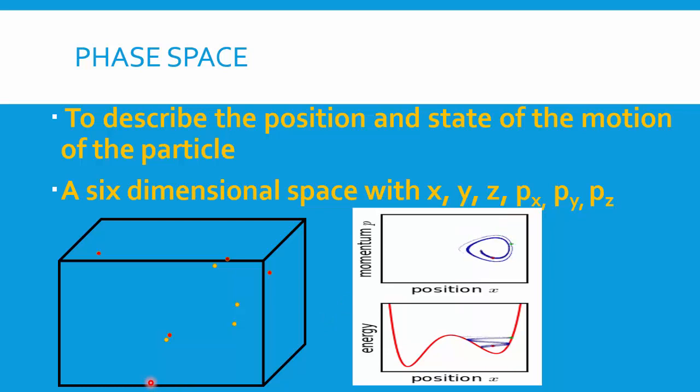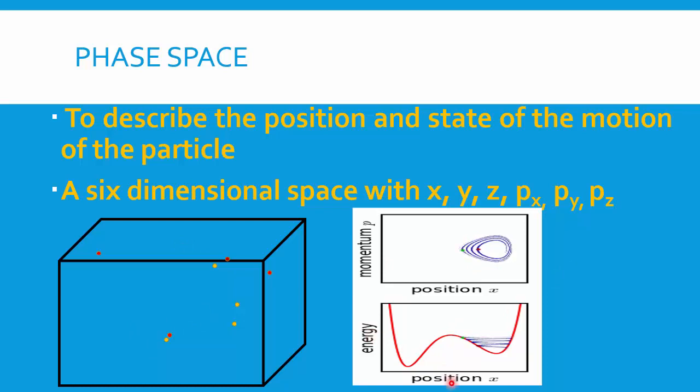Because there is a change in position, you will have velocity in x direction, multiplied by mass, you get momentum in x direction. If you plot position versus momentum, this is basically called the phase space. So for every position you will have a momentum, and the graph looks like this for the motion on the left hand side. Similarly, I can also plot energy and the position.